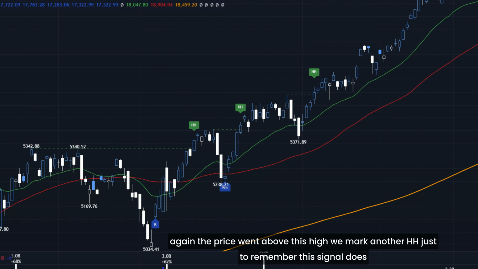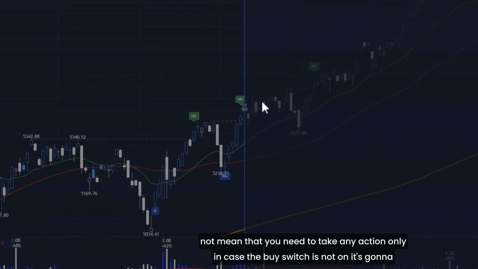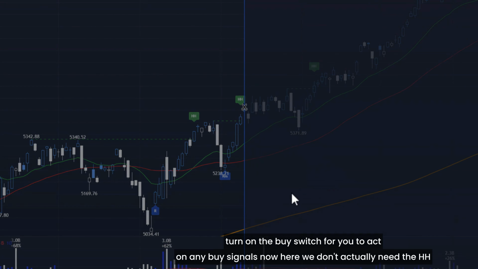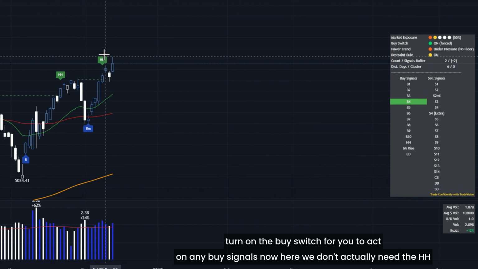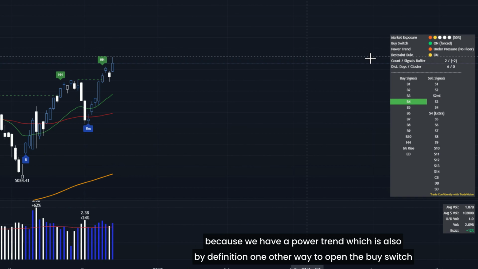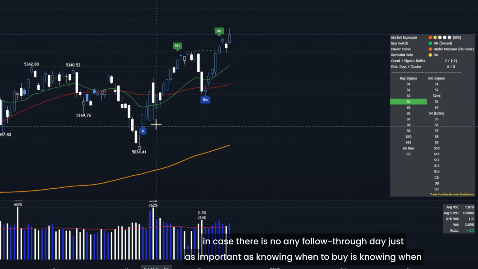Just to remember, this signal does not mean that you need to take any action. Only in case the buy switch is not on, it will turn on the buy switch for you to act on any buy signals. Now, here we don't actually need the H8s because we have a power trend, which is also by definition one other way to open the buy switch in case there is no follow-through day.